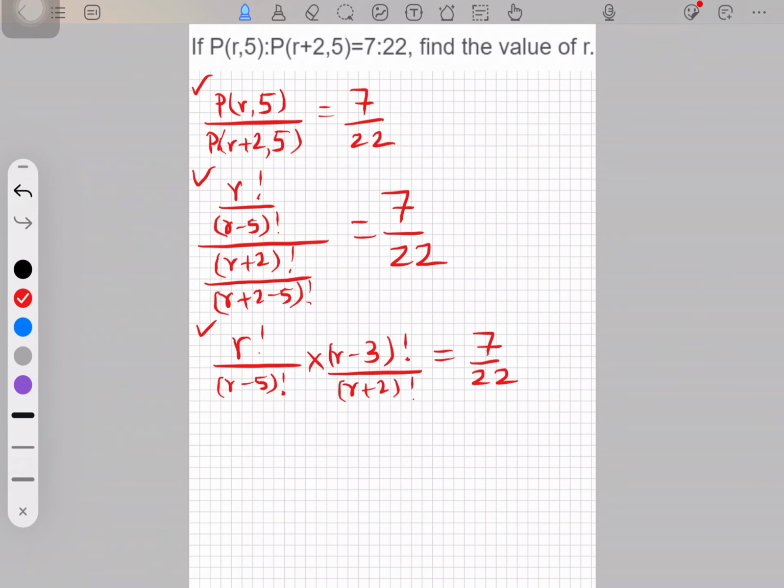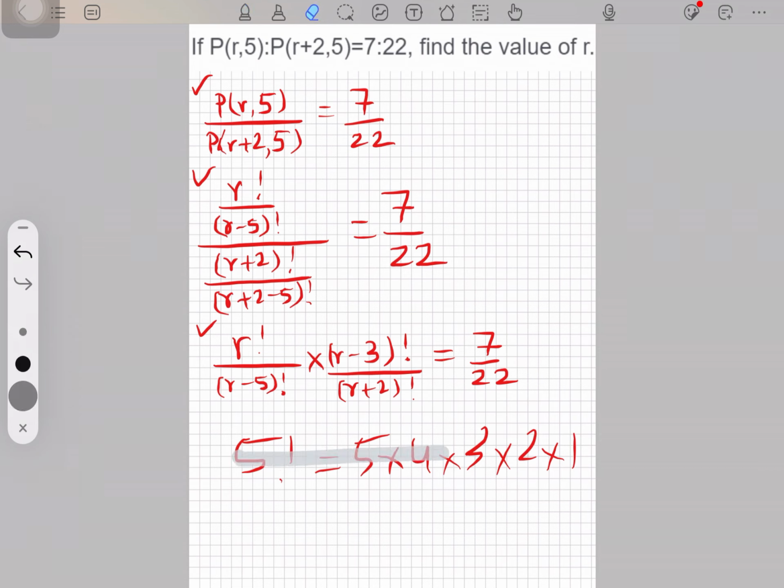Over here, what we'll try to do is eliminate the factorial symbol, because we don't know the exact value of r factorial. If it were a number, like 5 factorial, we could write it as 5 times 4 times 3 times 2 times 1. But we don't know what r factorial is. So let's try and remove the factorial sign.